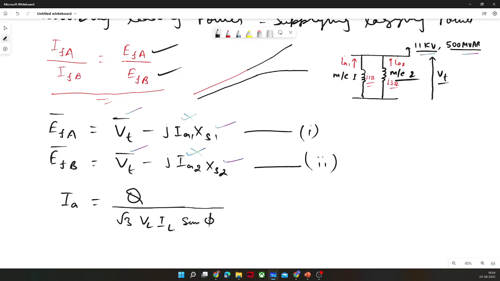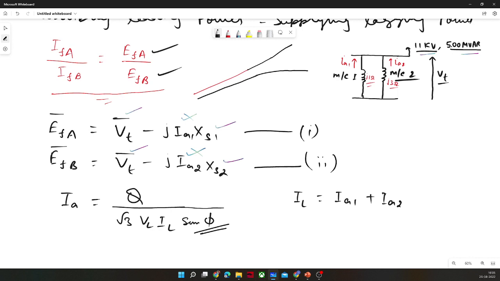How can we calculate it? We will need phi, and there is no information regarding this angle. Some formula is not understood: why is IA equal to Q over root 3 VL IL sin phi? Why is IL here? We have to calculate the IA. Let me clarify it more. IL is equal to IA1 plus IA2, right? The current supplied from machine 1 and machine 2.